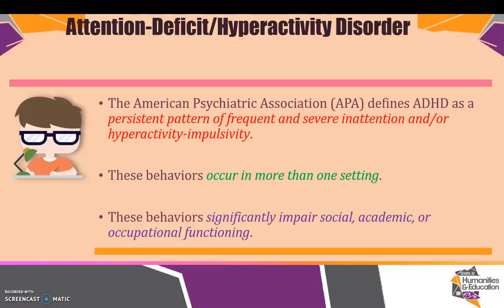So it can't be that a child is just misbehaving at school only, or just misbehaving when they go to a specific place, but the behaviors must occur in more than one setting, and they must impair social, academic, or occupational functioning in order for ADHD to be considered.